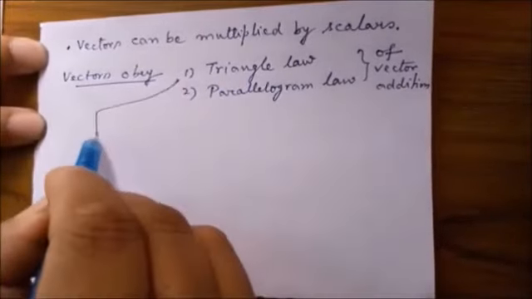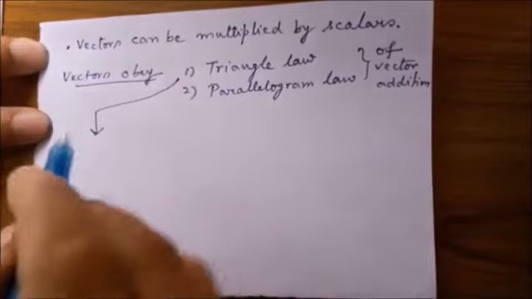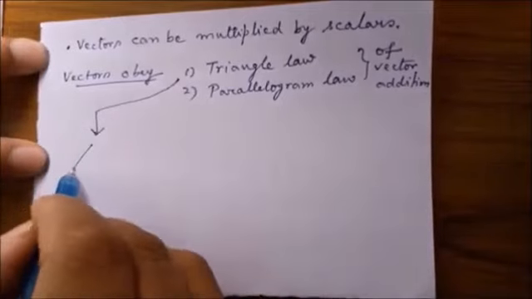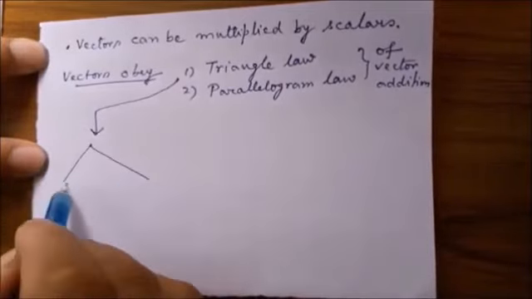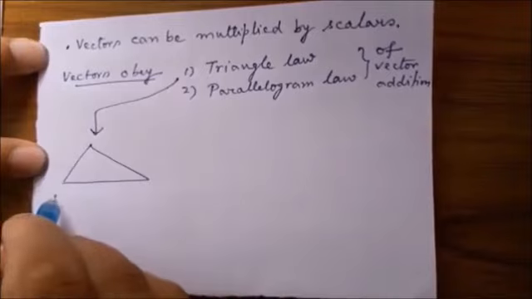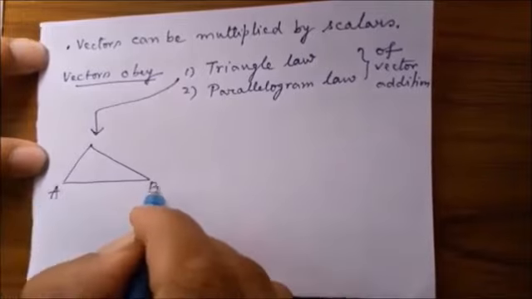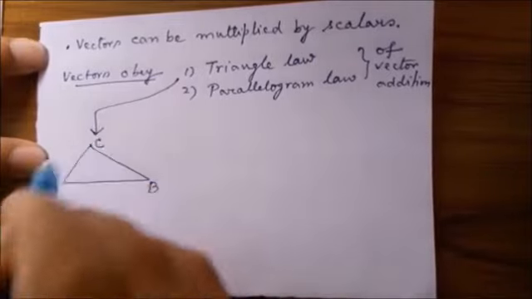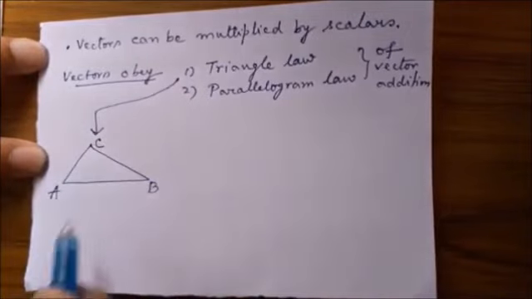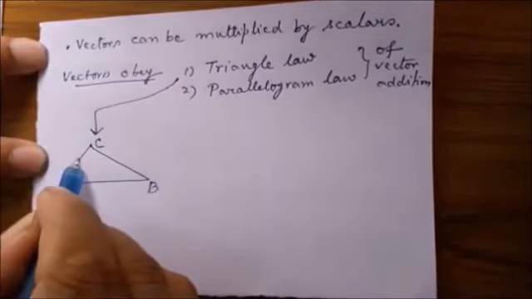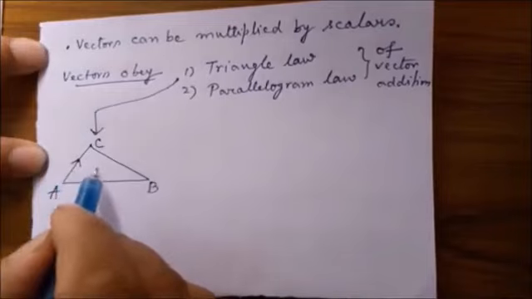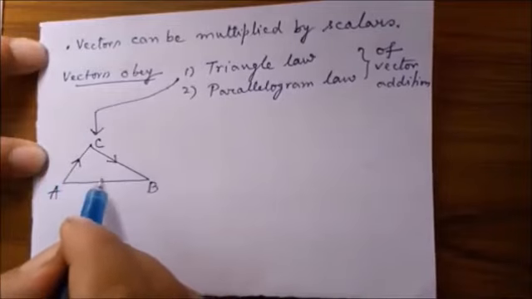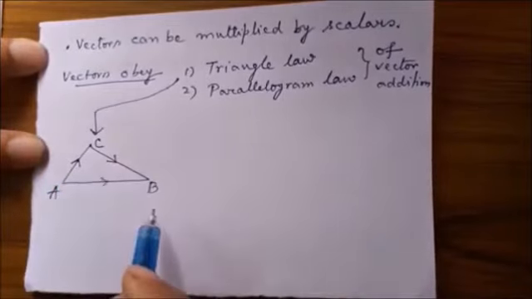The triangle law says that if we have a triangle, say A, B, C, then we can construct or think of the vectors AC, CB and AB.